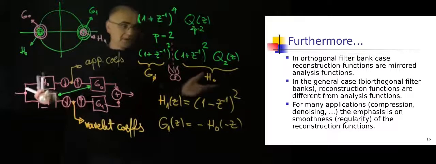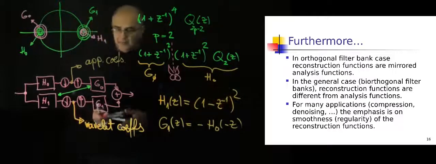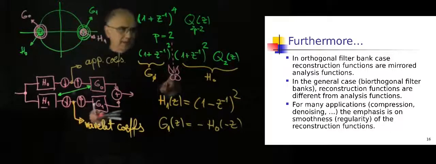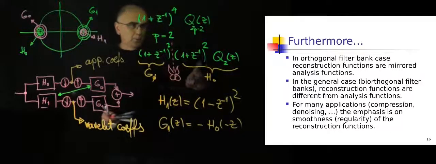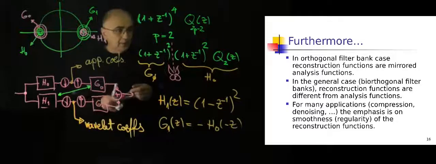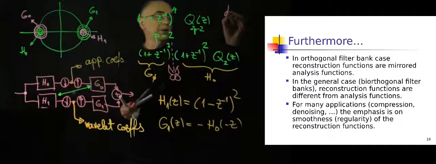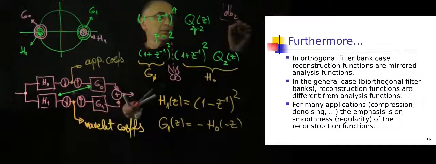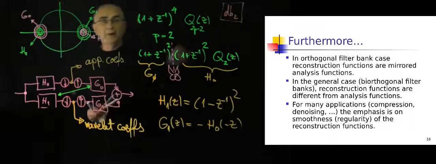Now we can just see some more examples. We could, of course, split Q2 also in two parts, and that's what happens while we were using Daubechies 2, which was orthogonal.